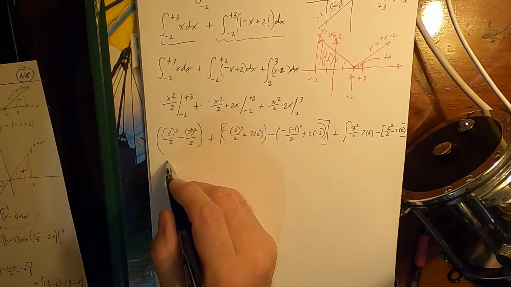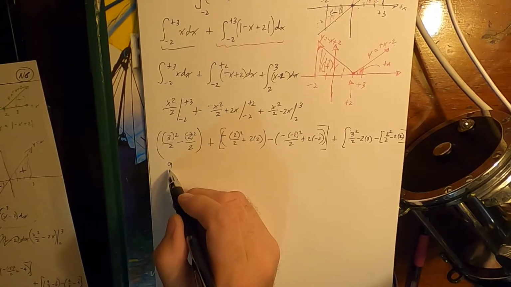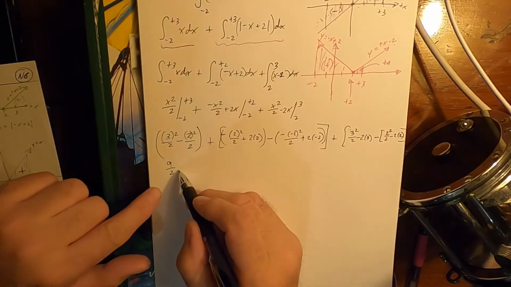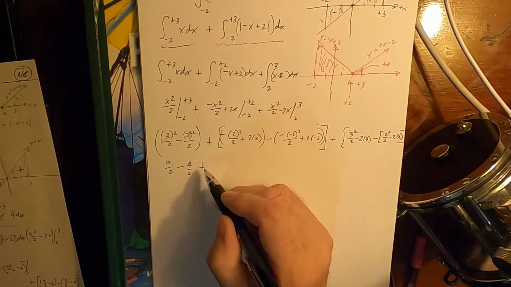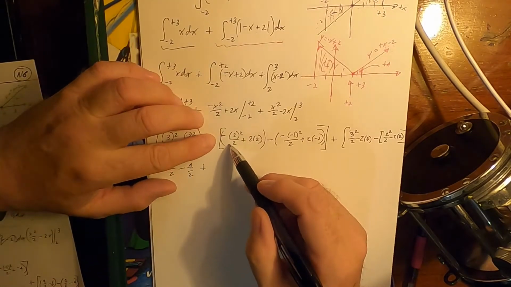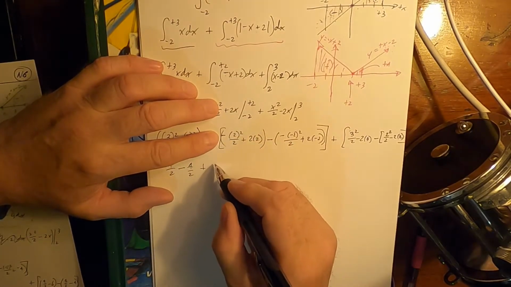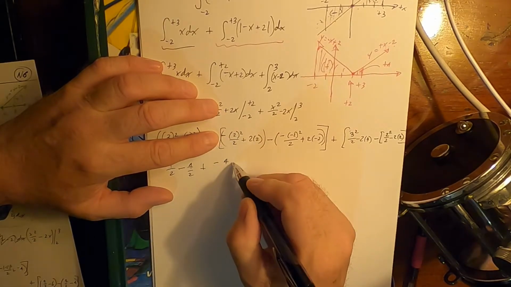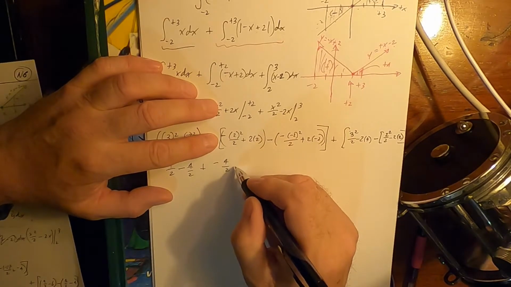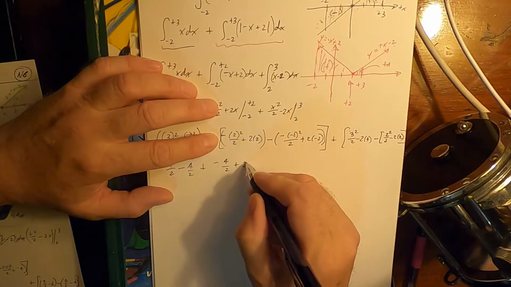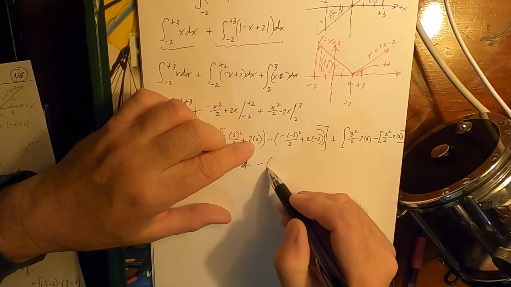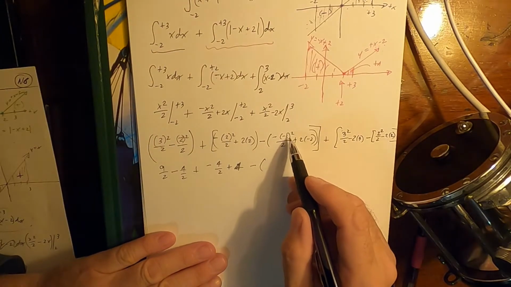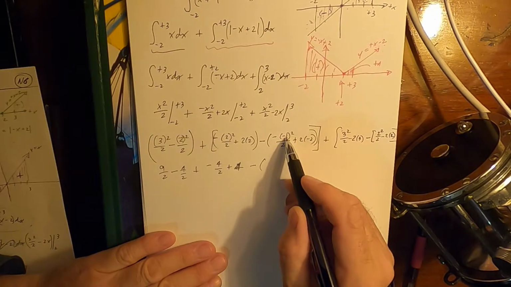Here we're getting 9 over 2, okay, minus 4 over 2. All right, plus, over here I have negative 4 over 2 plus 2, plus 4, and now I have a minus all of this stuff here, which would be 4 over 2.